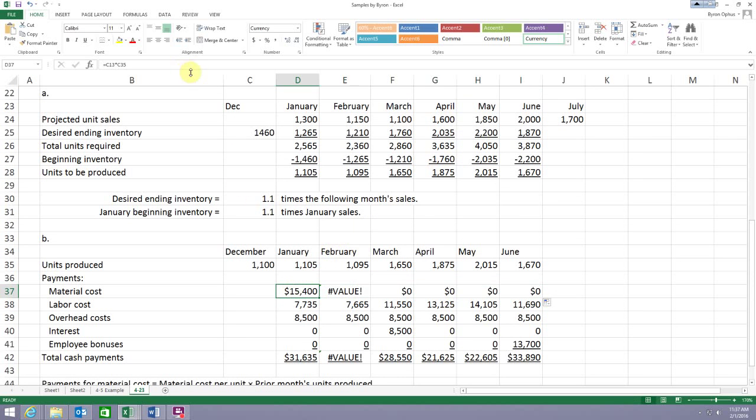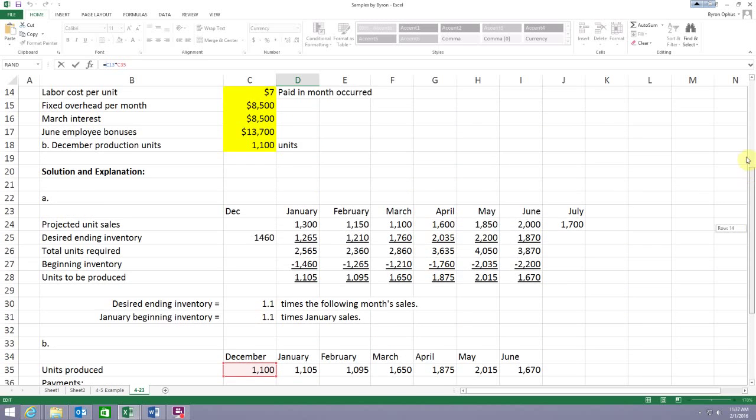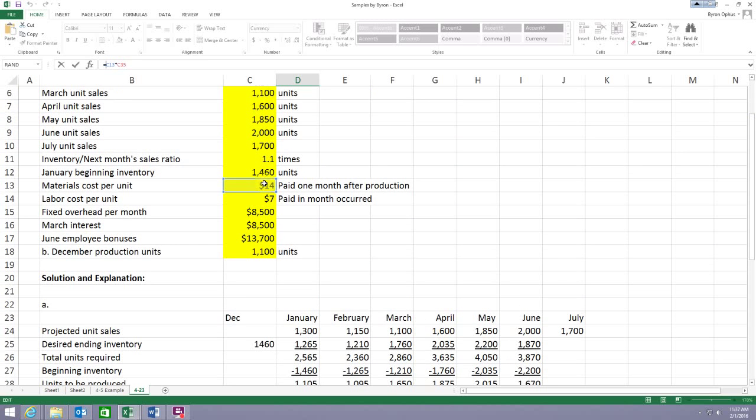Let's come back to here, and my reference up there, oops, let me go up, is C13, and I want that to not move. I want that to stay the same. Let's put a $ in front of both the C and in front of the 13. So I've got $C, $13, and I'm going to hit enter.